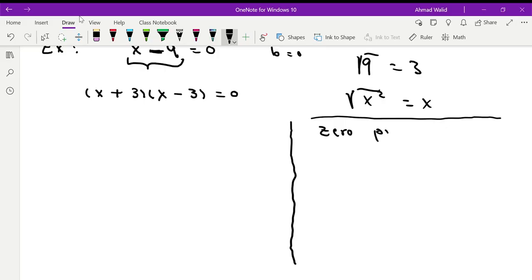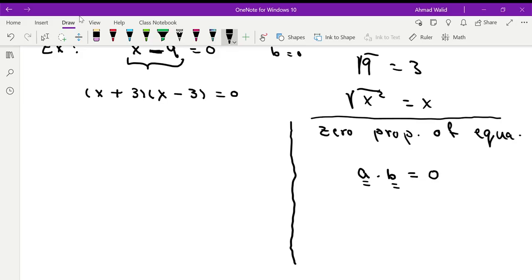Zero property of equations. What is that? Look, if you have two numbers, for example, A and B, and you multiply these two numbers with each other, and you end up getting a zero, when you multiply two numbers and your product becomes zero, it means definitely one of these numbers, A or B, is zero.